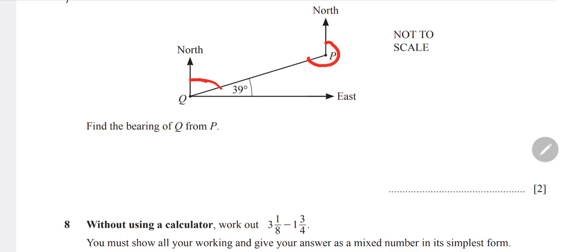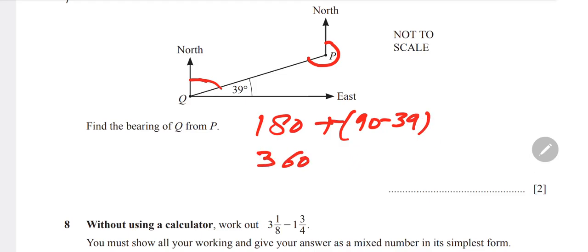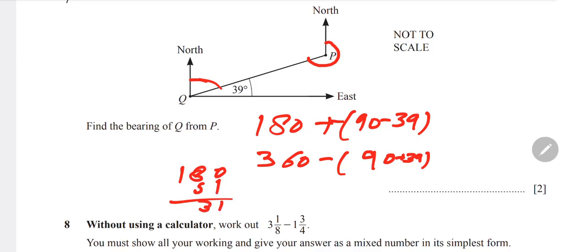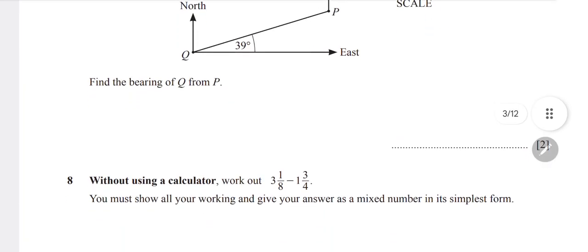For this we have two formulas: either total bearing 90 minus 39, or you can apply 360 minus this one. 180 plus 51 is around 231. So the right answer will be 231. Earlier it was 51, which was wrong. Now move to the next question.